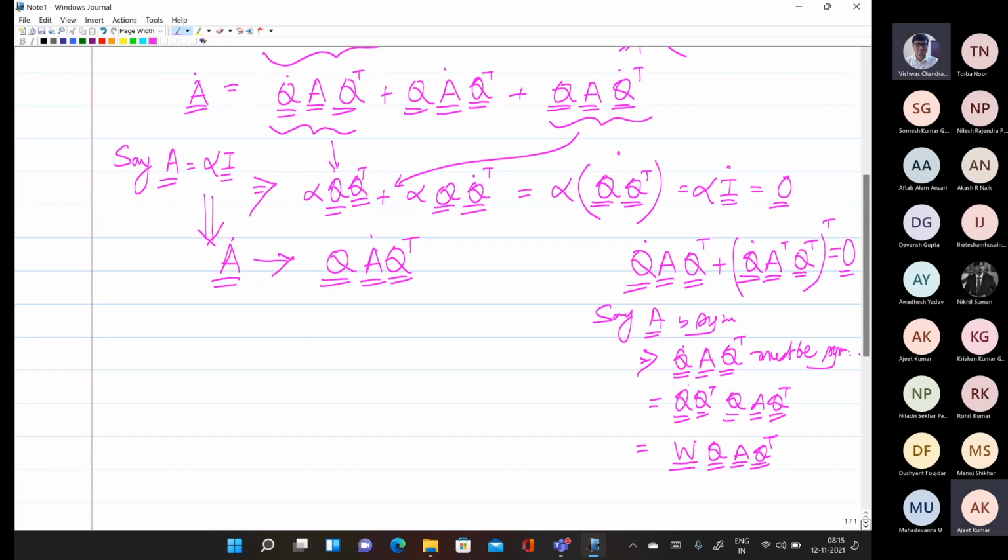Yeah, Q A Q transpose is symmetric because A is symmetric; if you take the transpose, you get the same thing. Okay. So antisymmetric times symmetric, and we want this to be symmetric. No, we want this to be antisymmetric only. The total thing should be antisymmetric, it must be antisymmetric.